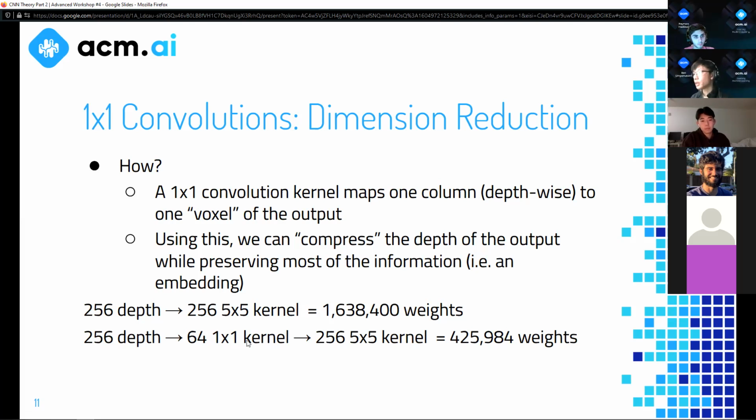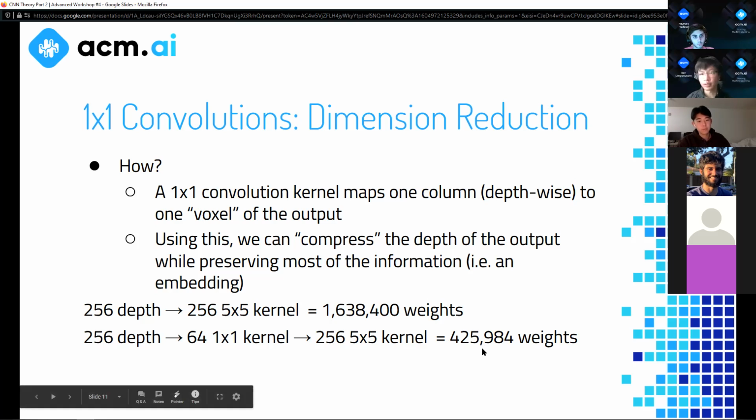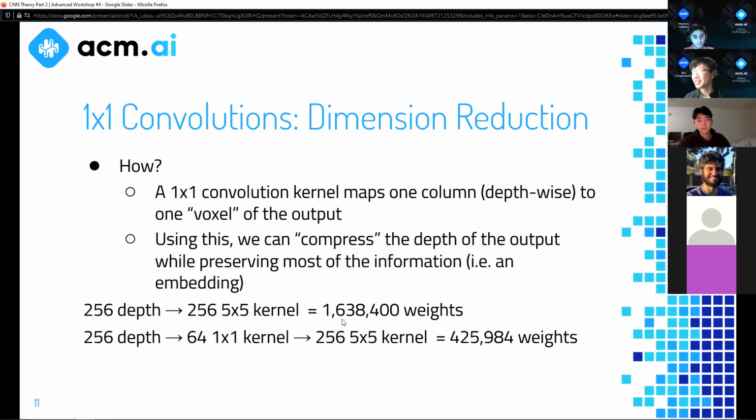Then when we multiply by the 256 5 by 5 kernels, we only have a fraction of the number of weights to train. That's including the 64 1 by 1 kernels, which is 400,000 compared to 1,600,000. So you can think of it as convolving over the depth axis instead of the plane axis.